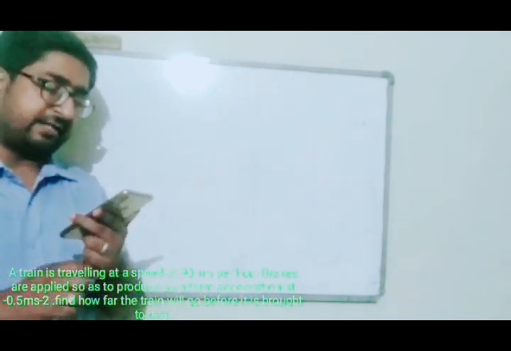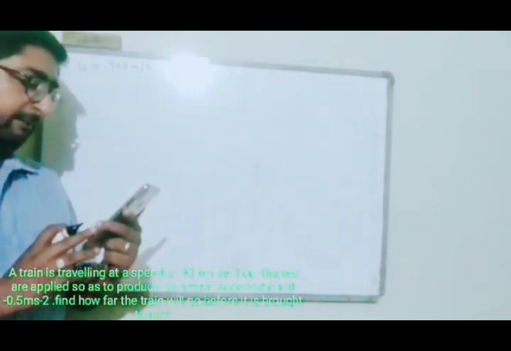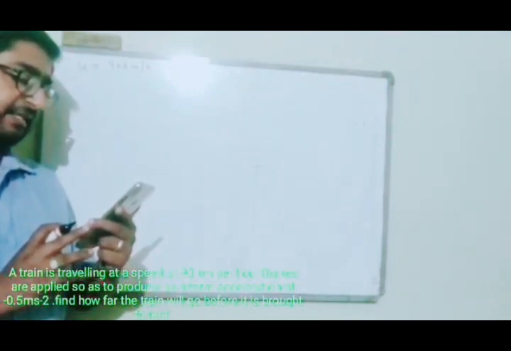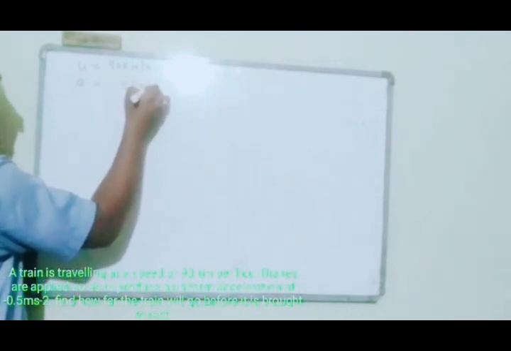A train is traveling at the speed of 90 km per hour, so initially the train is traveling with a speed of 90 km per hour. The brakes are applied and the acceleration produced is minus 0.5 meter per second square.